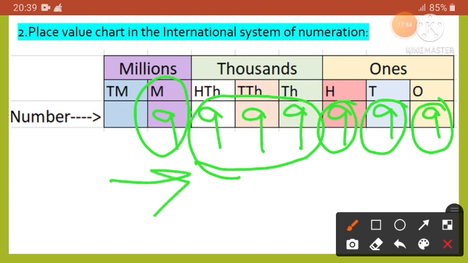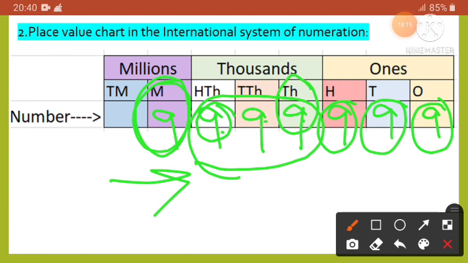Once again, it will be 9 million and then we have to say 999 thousand 999.